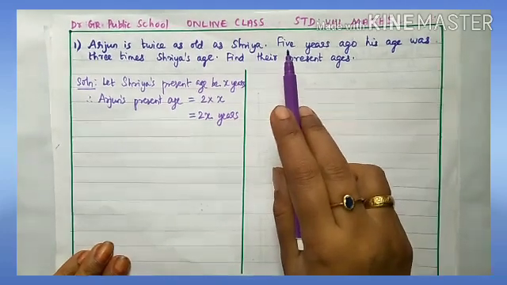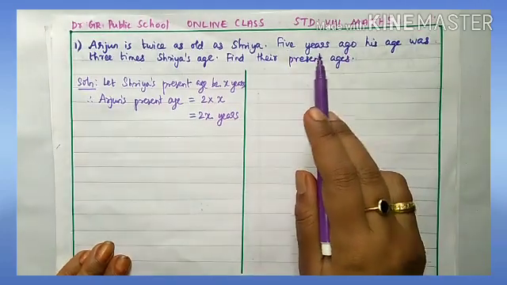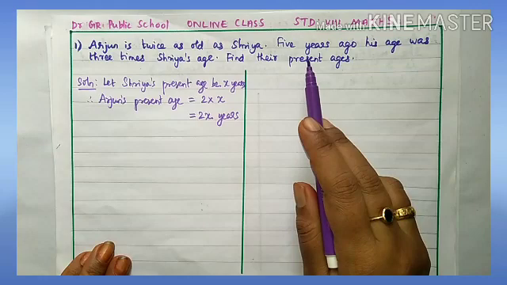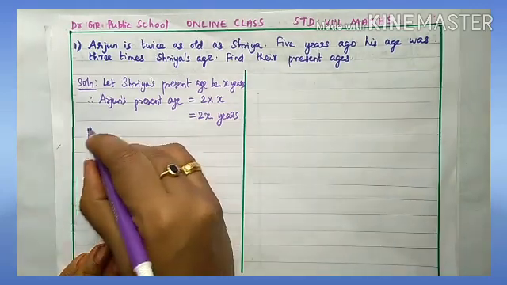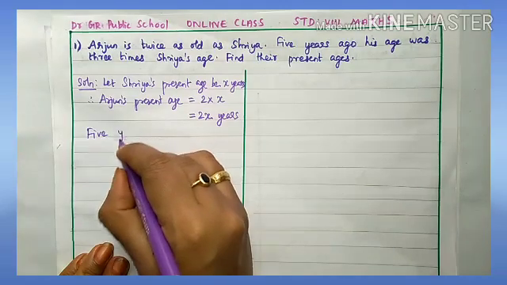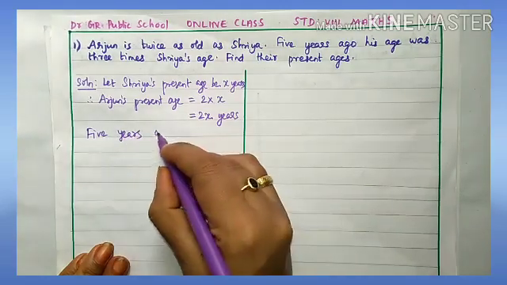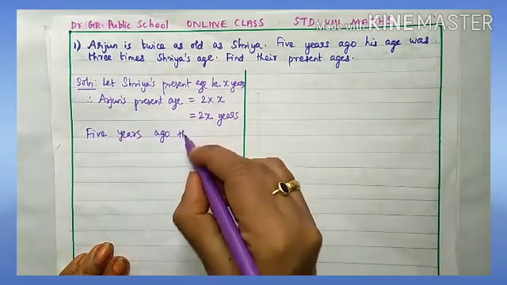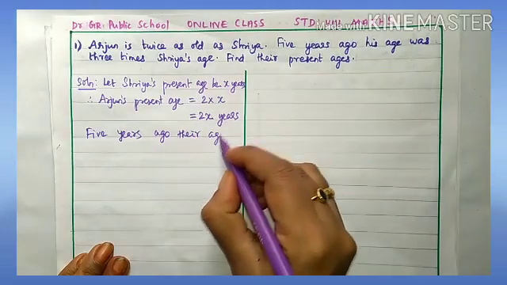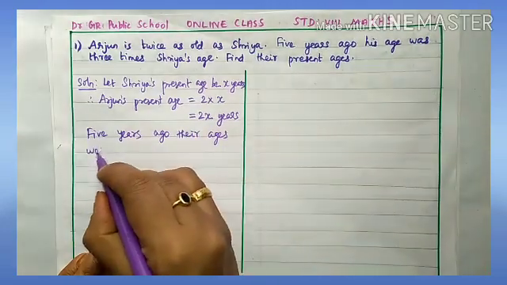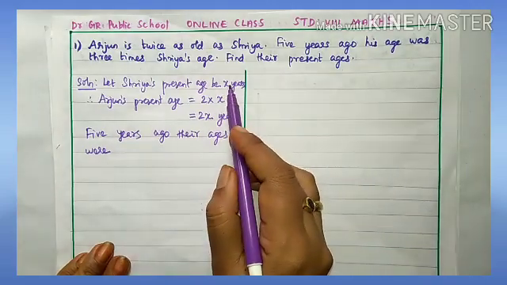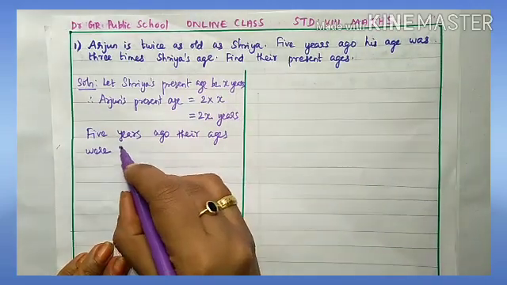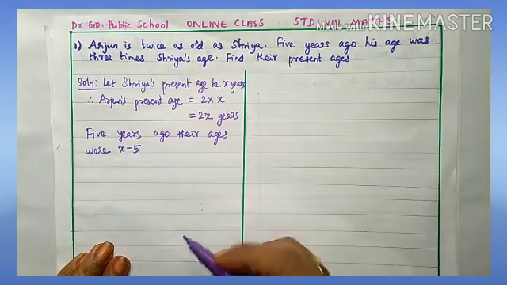Now what is given? 5 years ago. So what I told, 5 years ago, we need to subtract 5. So I am writing here, 5 years ago their ages were, before 5 years what will happen? Shreya's age will be 5 years less, that is x minus 5, correct?